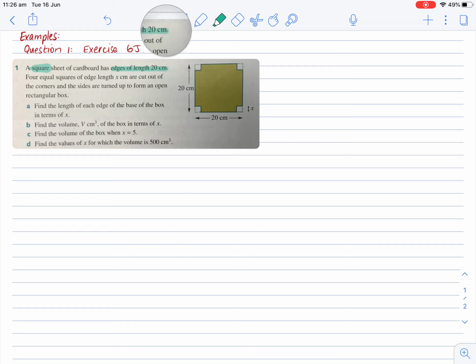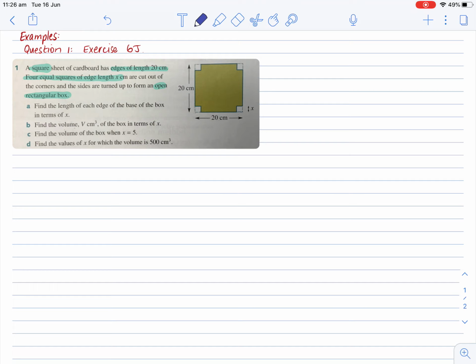We also have that 4 equal squares of length x are cut out of the corners and turned up to form an open rectangular box. So an open rectangular box means it just doesn't have a lid. Now before I even start really working on part A, I like to draw a diagram.